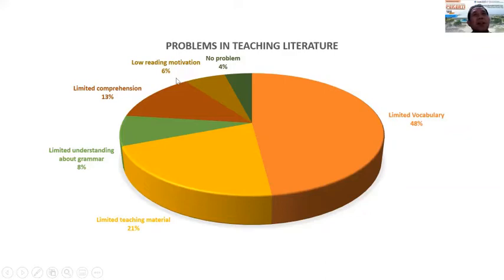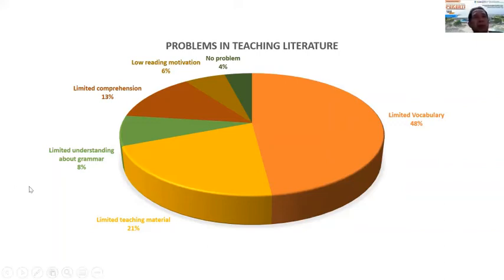And this is funny, because 4% of teachers say that they have no problems in teaching literature. I hope this is the truth, but mostly most teachers have problems in teaching literature.